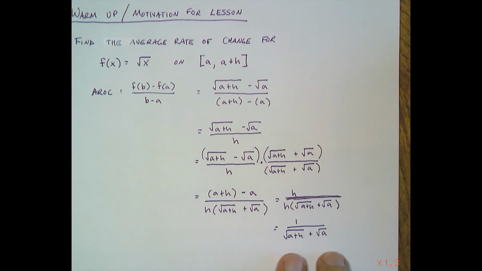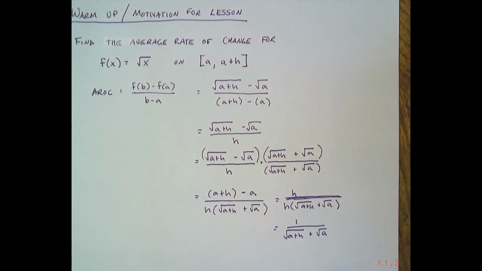Now, normally we don't like the idea of having radicals in the denominator, but the benefit of this method is that if I were to let h be 0, because ultimately that's where we're heading, I do not have a divide by 0 error.